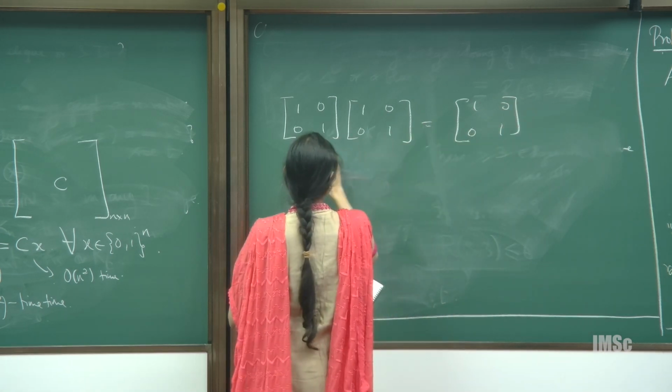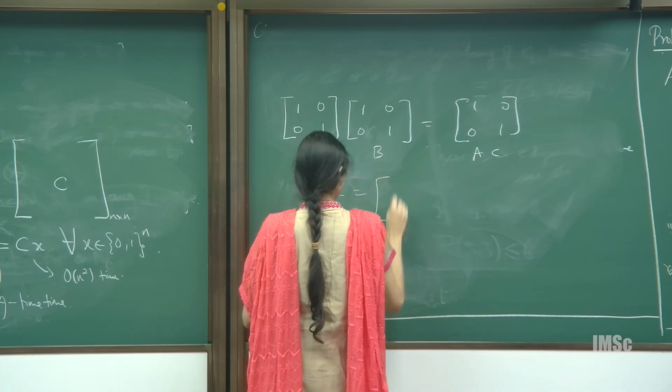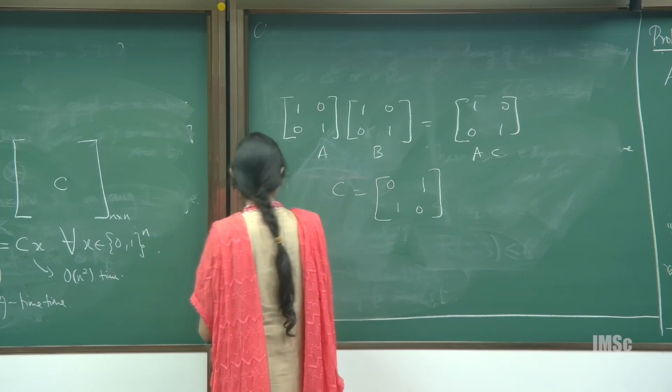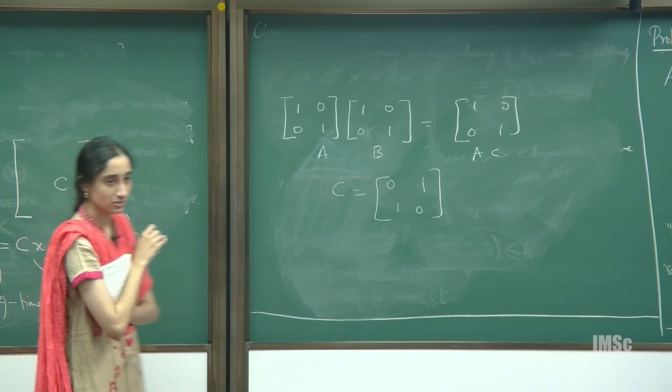So this is A, B, AB. Here AB is not equal to C. But can you construct a 2 cross 1 vector such that if you multiply on the right, it will be the same?